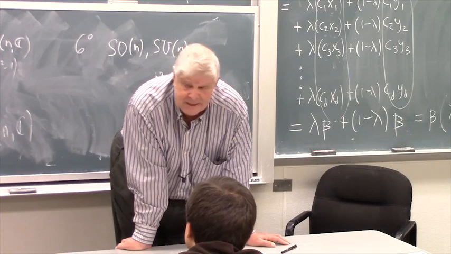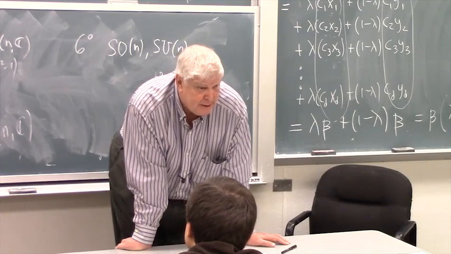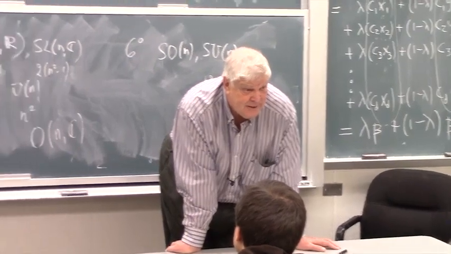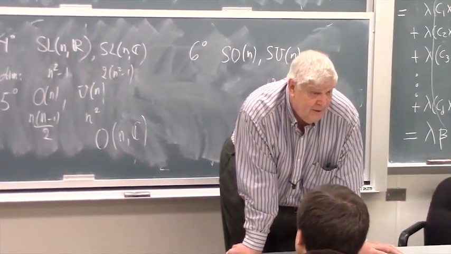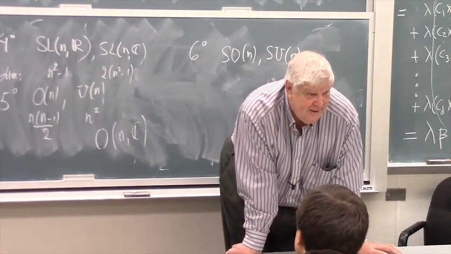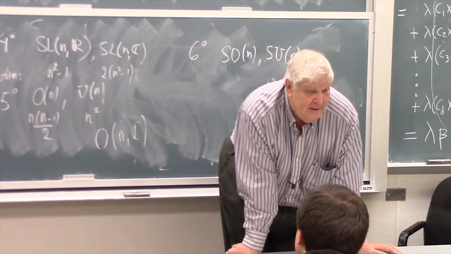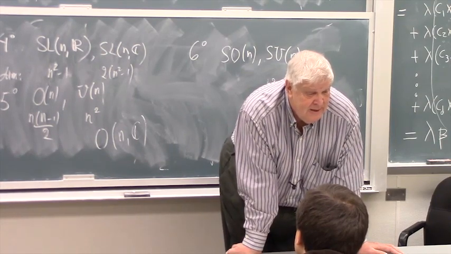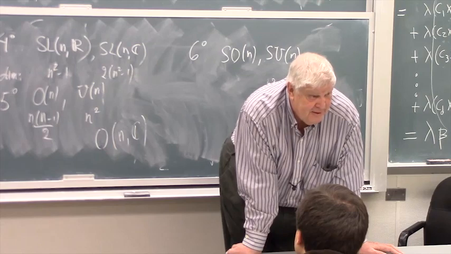So O_n(C) consists of complex n cross n matrices whose inverse is equal to the transpose. It is also a group and not the same as the unitary group.